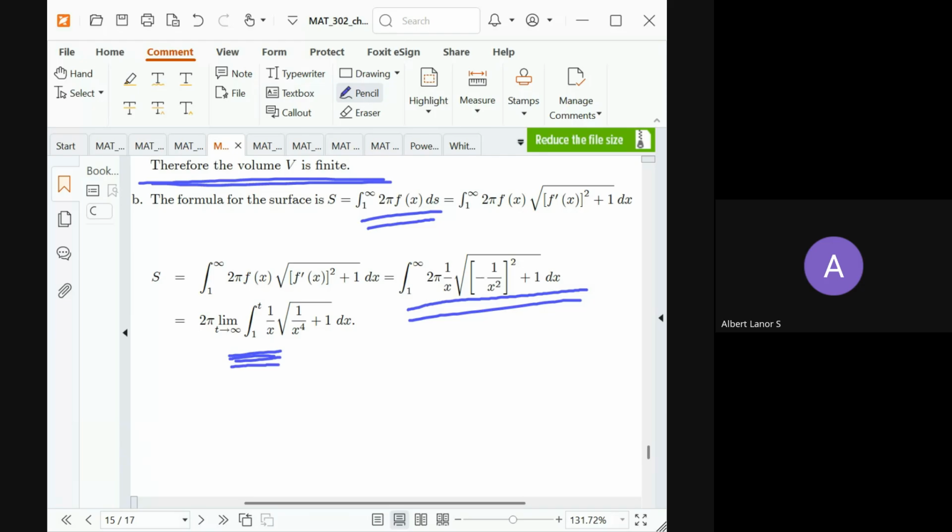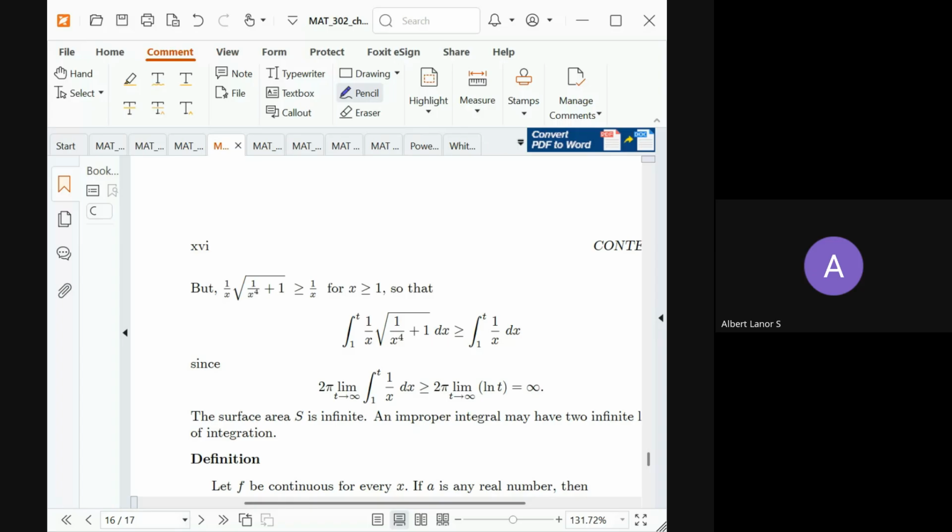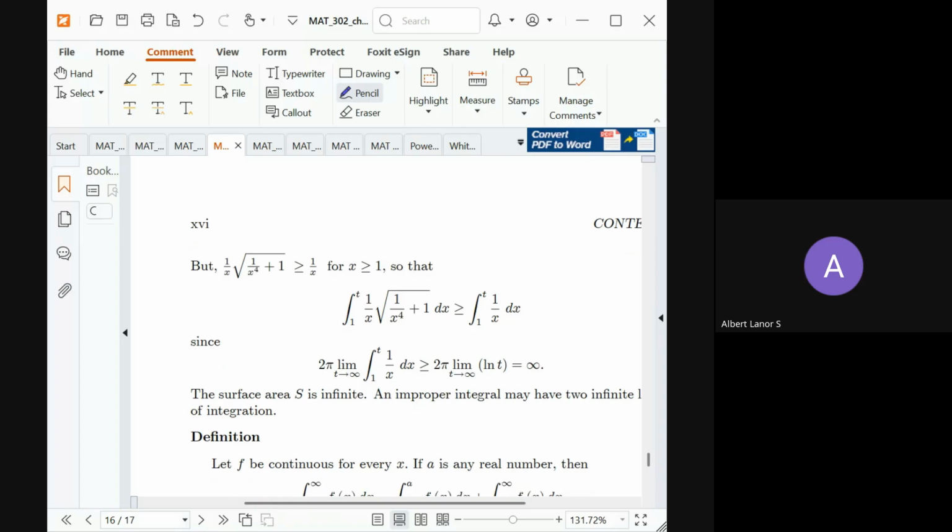Okay, now integrating this function, you can write it as 1 plus x to the 4 all over x to the 4, square root. You can go through the integration methods. Even here, they are using a certain inequality. Now, this value is always greater than or equal to 1 over x.